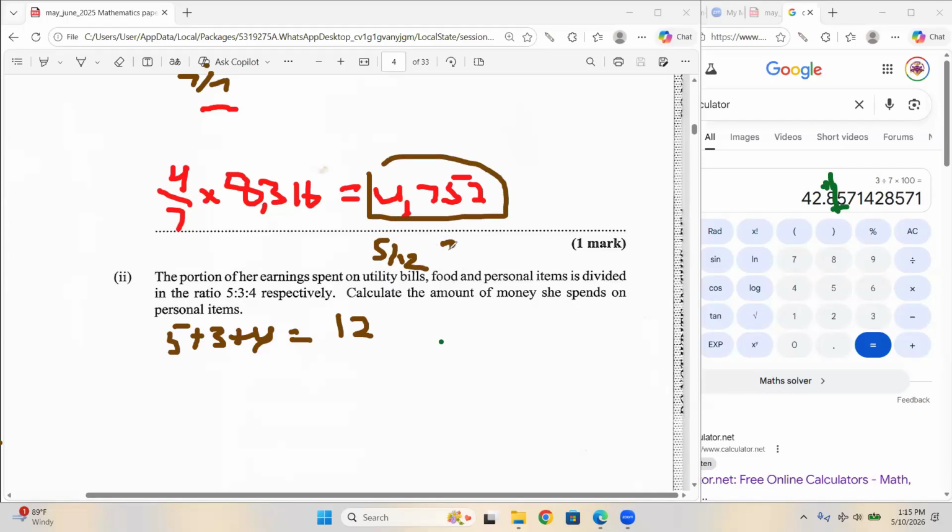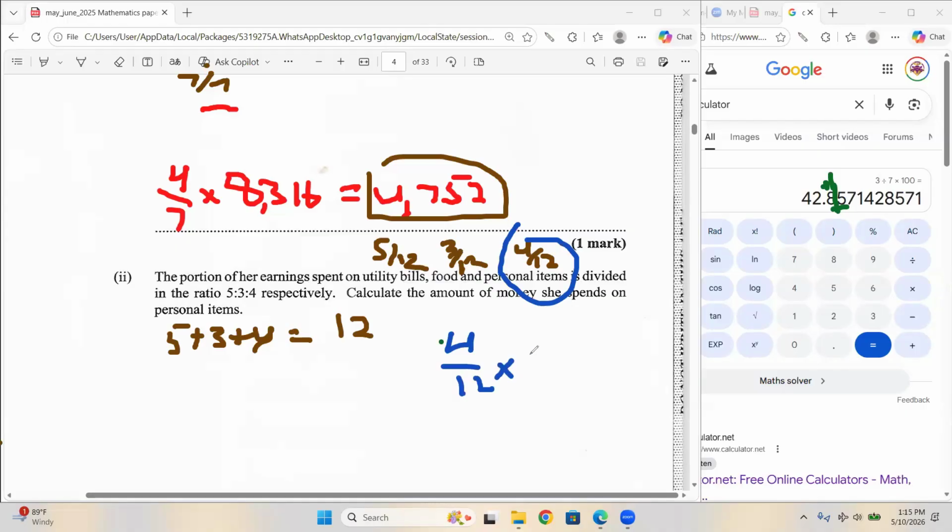Food amounted to 3/12 and personal items 4/12.